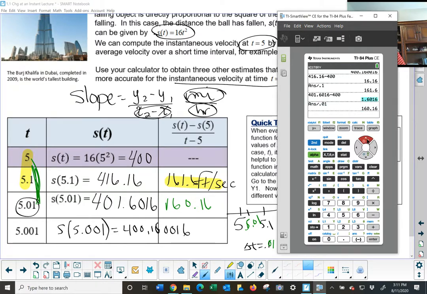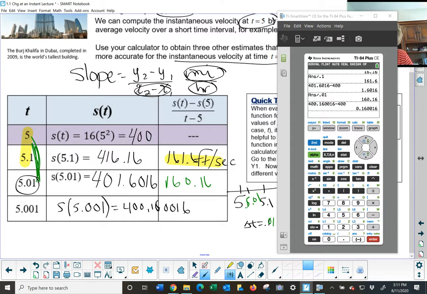All right, might as well go the one last step. I want to copy and paste that 5.001 distance traveled. Subtract the distance traveled for 5 seconds, which was 400. Distance traveled is that. Now, if I am at 5.001 minus 5, my change in time is now not 0.01, but 0.001, right?